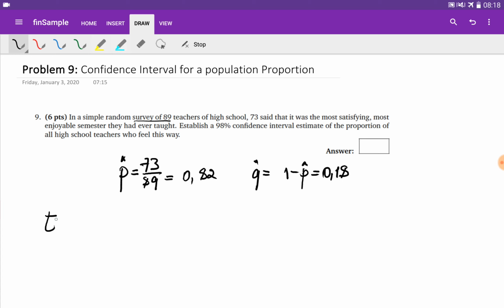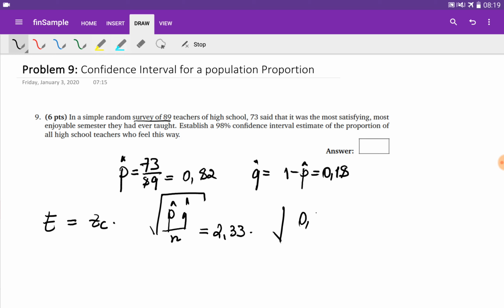So the error margin, which we need to calculate, is going to be the critical point multiplied by the square root of p hat q hat divided by n. We can find this critical point for the 98% confidence level the same way as we did before. So this is going to be 2.33 multiplied by the square root of 0.82 times 0.18 divided by 89.